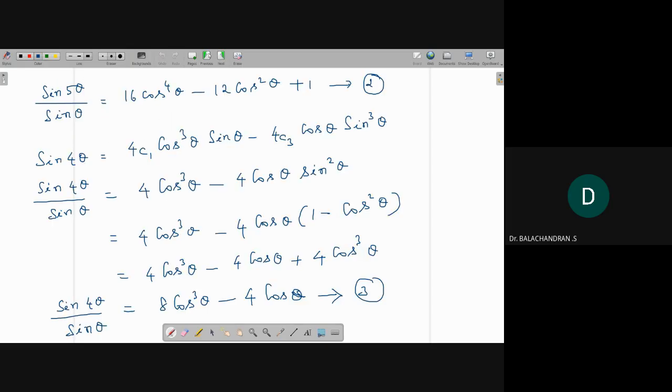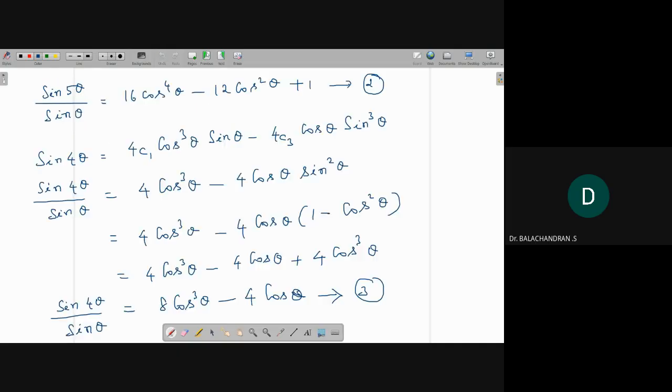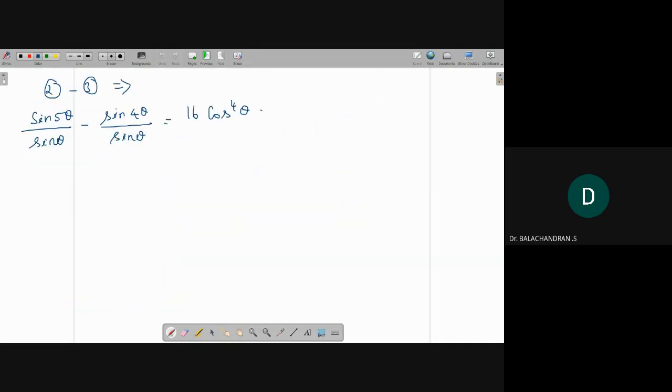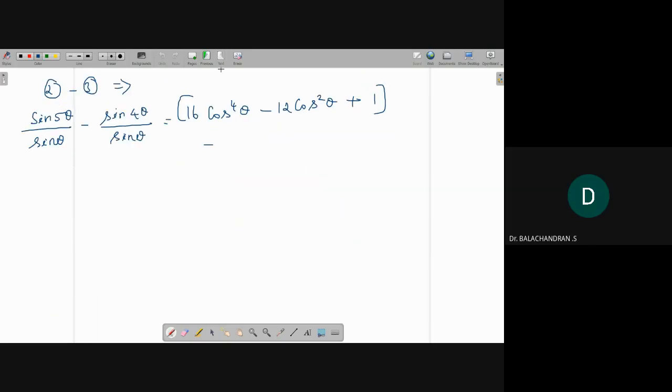So it is 16 cos power 4 theta, and then minus 12 cos square theta plus 1, minus 8 cos cube theta plus 4 cos theta, plus 4 cos theta.